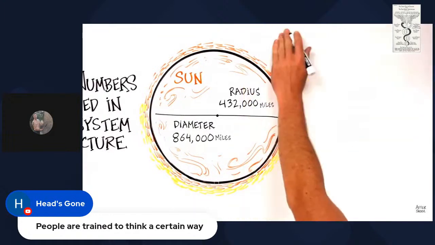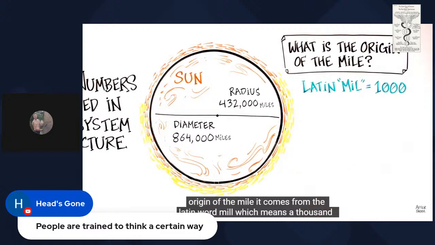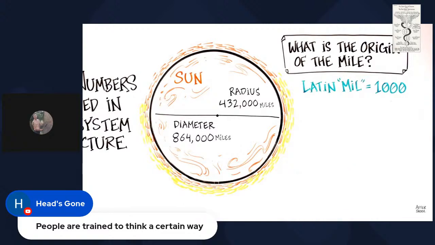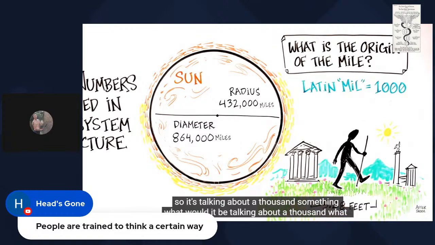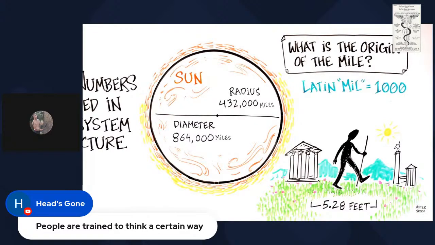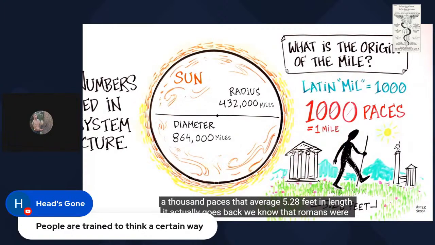And by the way, what is the origin of the mile unit that we use? Anybody know? Origin of the mile, it comes from the Latin word mil, which means 1,000. So it's talking about 1,000 something. 1,000 what? 1,000 paces that average 5.28 feet in length.